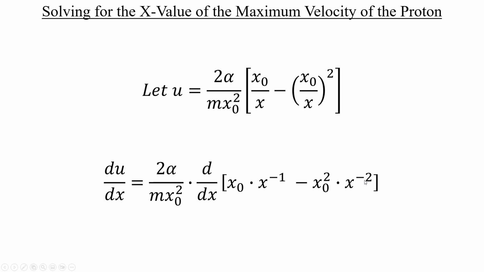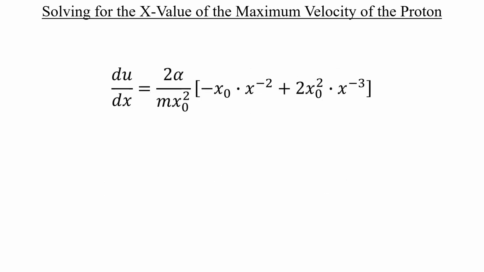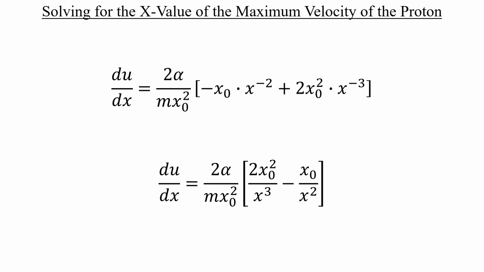The negative 2 will get pulled down to become the coefficient, which will change this negative sign to positive, and we subtract 1 from negative 2 to get negative 3. Here's the result. We don't really need this expression in exponent form anymore, so I'm going to switch it back to fractional. Now we're ready to keep going.